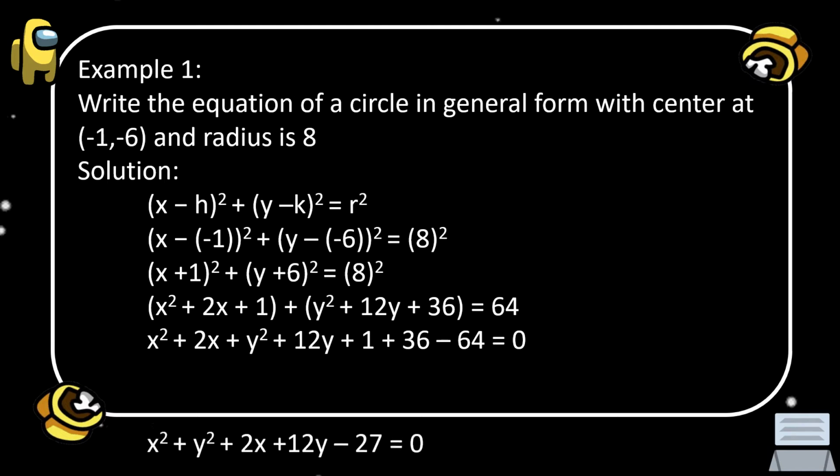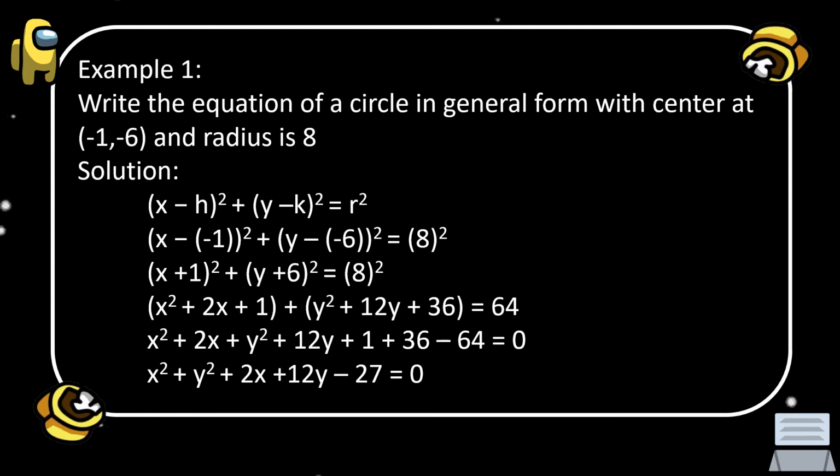So we have x squared plus y squared plus 2x plus 12y, and 1 plus 36 minus 64 gives -27, is equal to 0. So the general form of the equation of the circle is x squared plus y squared plus 2x plus 12y minus 27 is equal to 0.